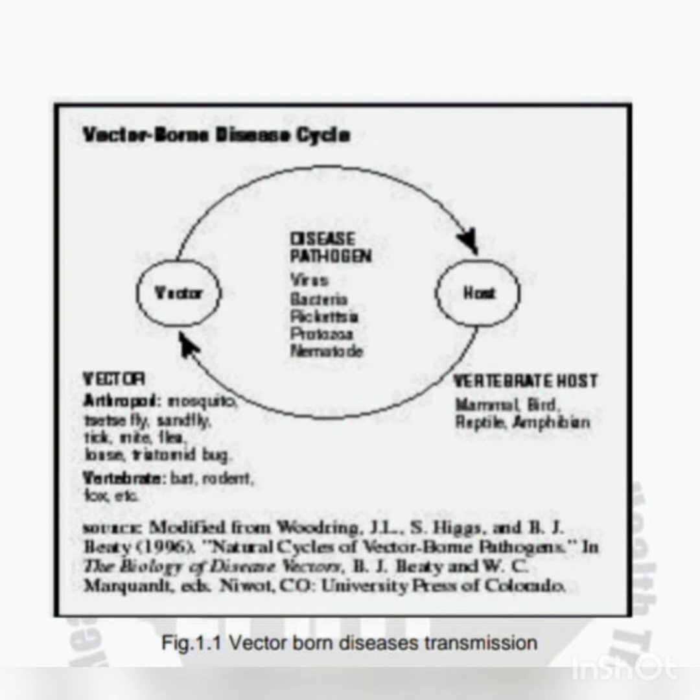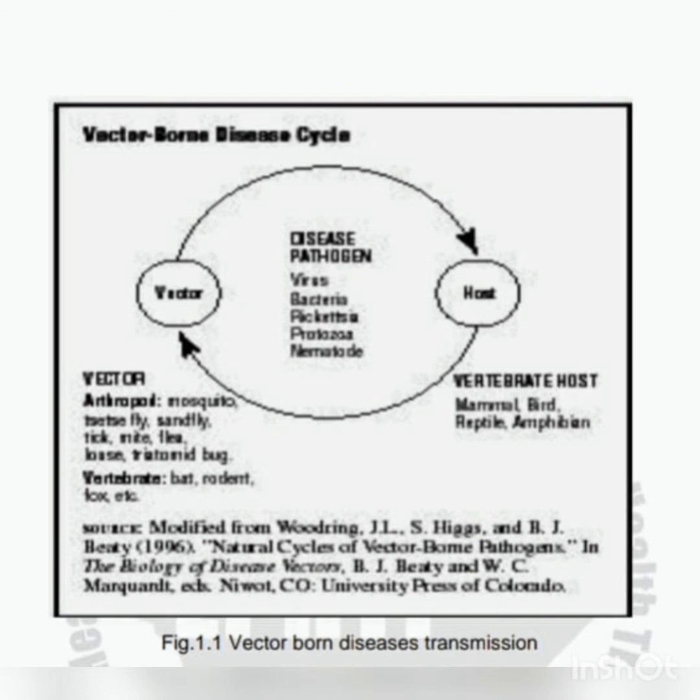So there are two kinds of vectors actually, biological vectors and mechanical vectors. In biological vectors, a life cycle continues in the body of the vector, like the mosquito. When it bites a patient having malaria, the organism enters the body of the mosquito, and the life cycle of that organism continues in the body of the mosquito, and then it is transferred to another patient.